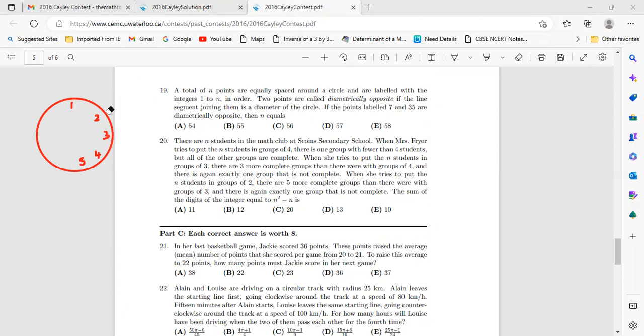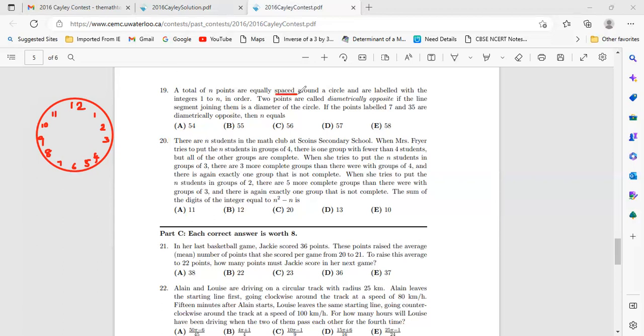Okay, let's draw the diagram for the clock itself. That might be easy to interpret. 1, 2, 3, 4, 5, 6, 7, 8, 9, 11.